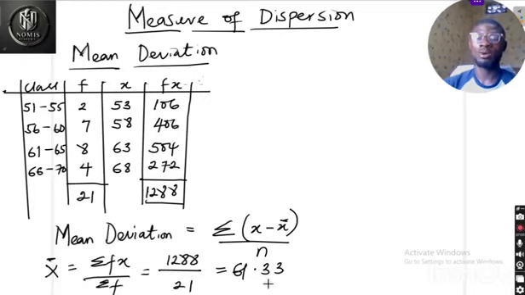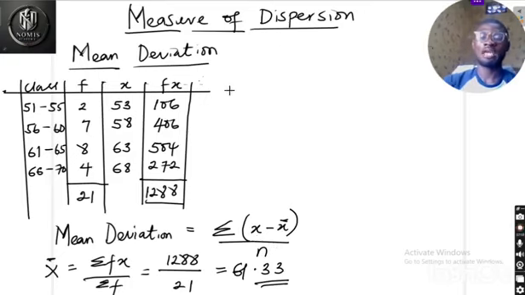So 61.33, this is the mean that we need. I actually needed x minus x bar, so that I can find the sum of all and then divide it by the total frequency.